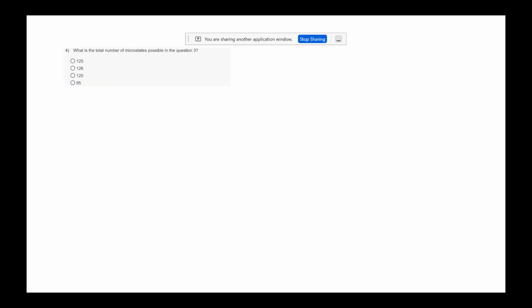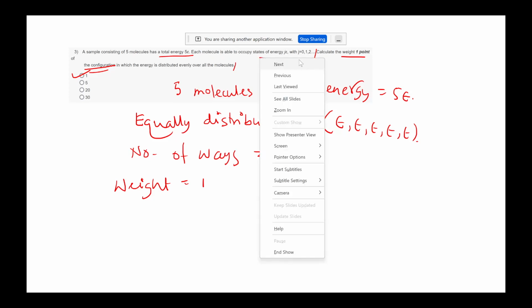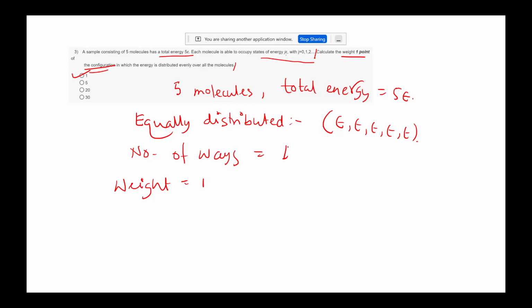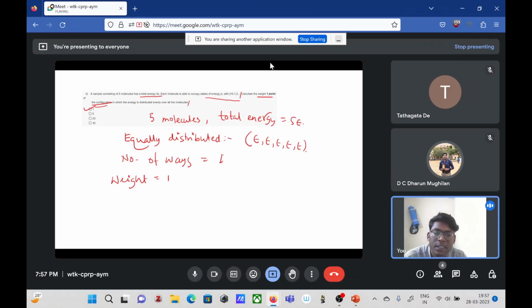Now, what is the total number of microstates possible in question 3? Question 3 means this restriction is not there. The system means a sample consisting of 5 molecules has a total energy, each molecule is able to occupy states of energy like this. Now how many ways can they be distributed? Is my question clear? The restriction is not there.